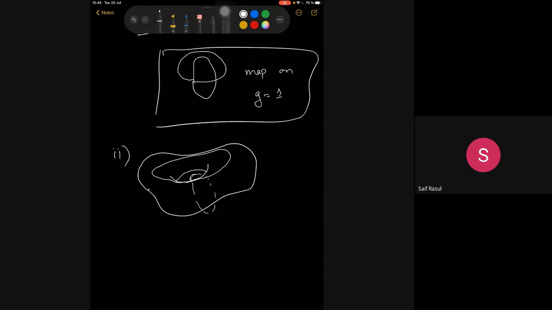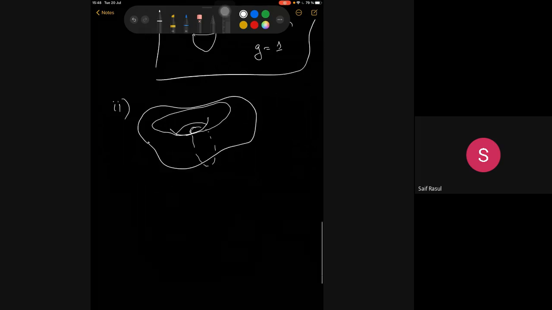So some graphs that aren't maps in a certain genus can be a map in a different genus. So we can promote almost all of our graphs to maps.